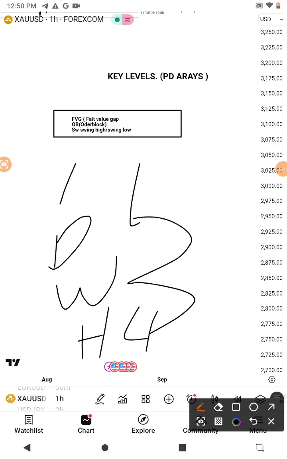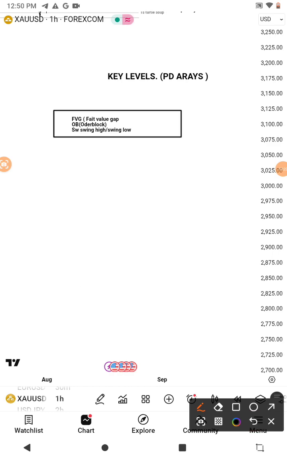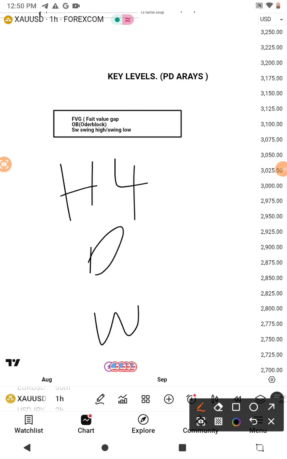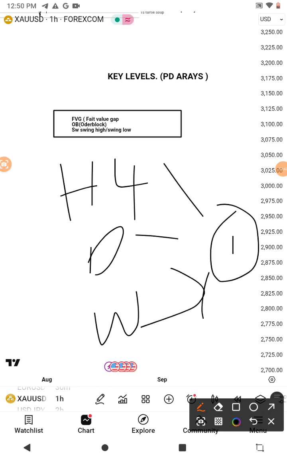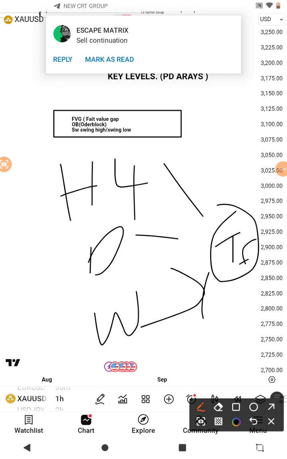Or we can start from the H4, daily, and weekly. These three time frames are very important.